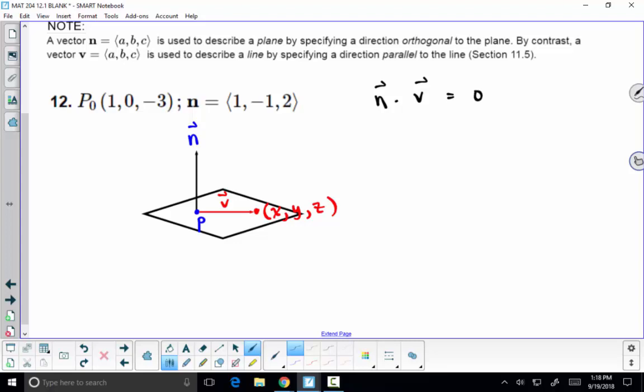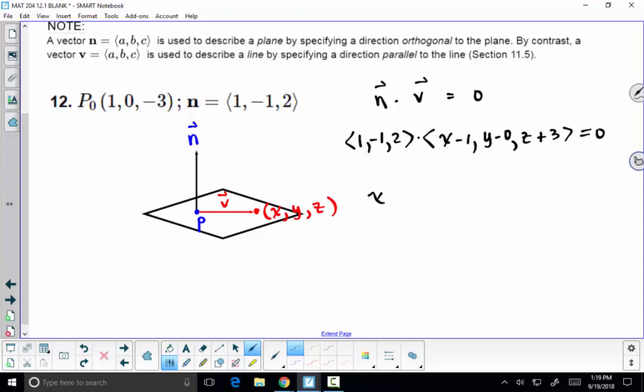So we're going to take our normal vector 1, negative 1, 2. We're going to take our general displacement vector, tip minus tail, so x, y, z, and then subtract off. So we're going to get x minus 1, y minus 0, z plus 3 equals 0. Dot, combine like terms, done.